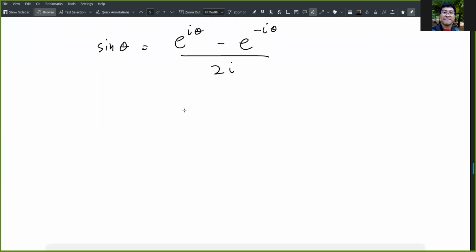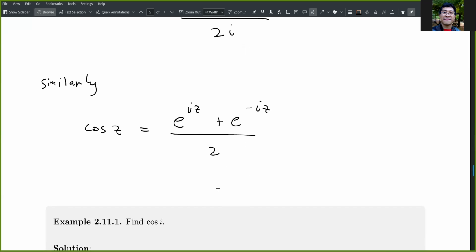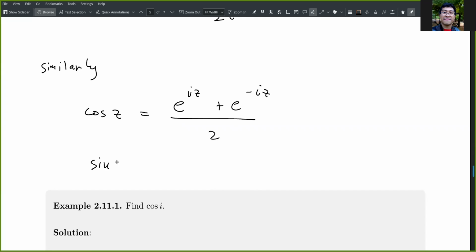Okay. Similarly, in the same manner, we can write for any complex number z, cosine of z equals e^(iz) plus e^(-iz) divided by 2, and sine z equals e^(iz) minus e^(-iz) divided by 2i.